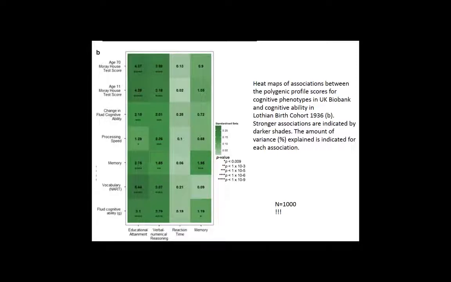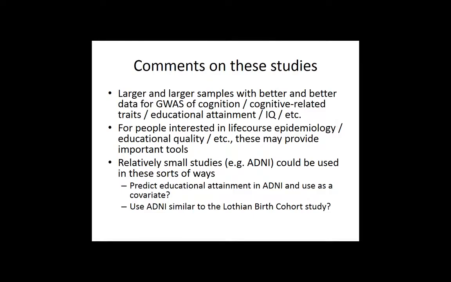So we could take a look at their predicted phenotypes with things like hippocampal volume, right? Any sort of imaging-based or CSF biomarker-based phenotype from ADNI would be a feasible thing to do. So we're getting larger and larger studies with better and better data for GWAS of cognition, cognitive-related traits.